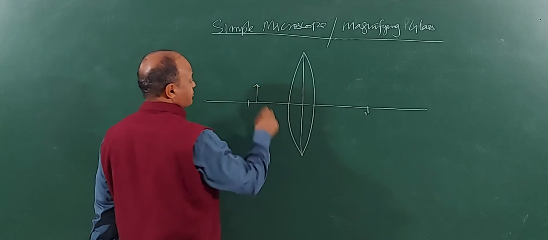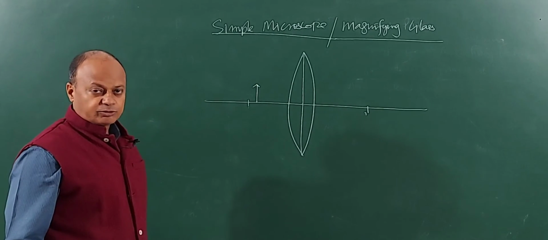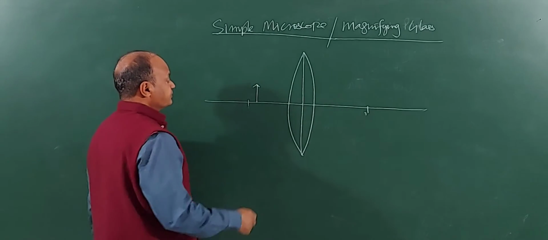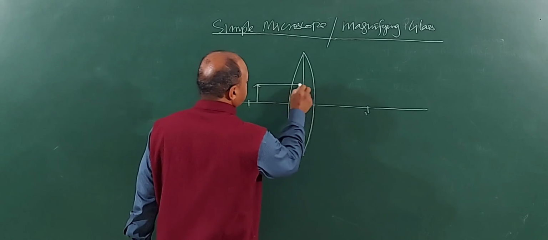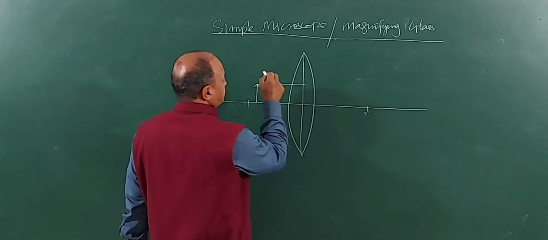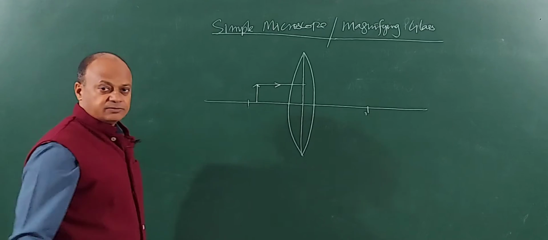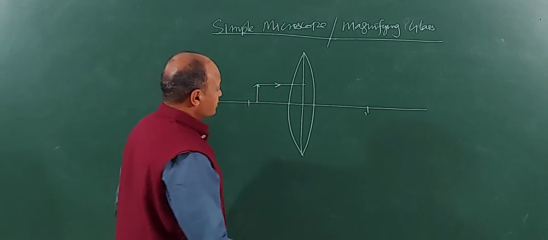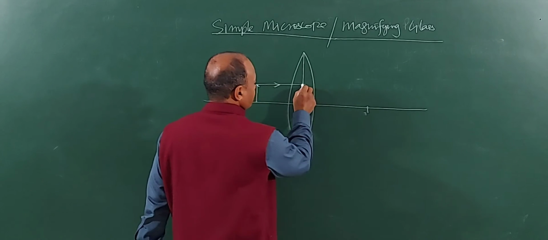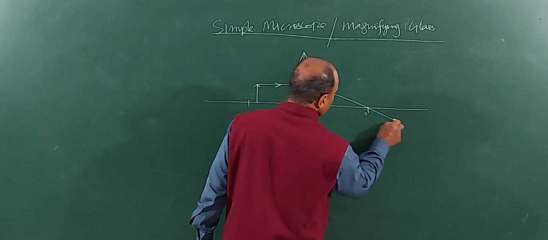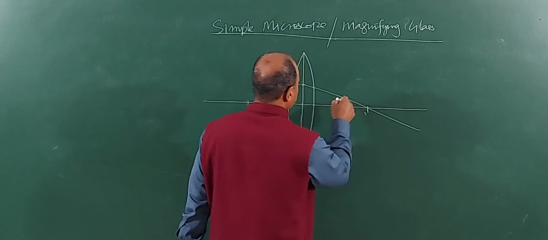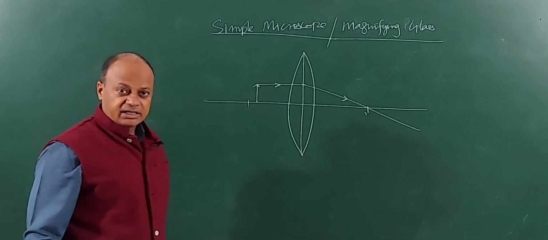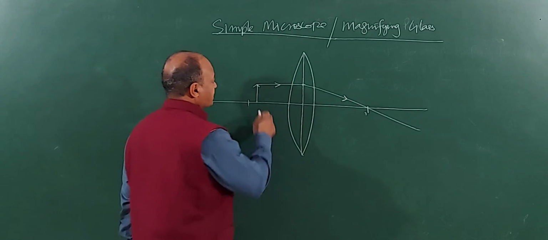This is the object I want to see. We will be taking two rays. One is traveling parallel to the principal axis. So after refraction, this ray is going to pass through the focus. And I am taking another ray which is passing through the optical center.